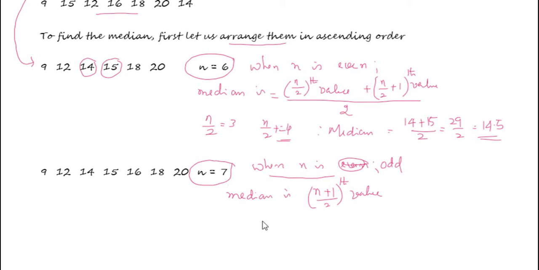So here n is 7, so n plus 1 divided by 2 is 7 plus 1, 8, divided by 2, equal to 4. Now take the fourth item, 1, 2, 3, 4. So 15 is the median when n is odd. This is what we studied last year, how to calculate median of this kind of simple data set.